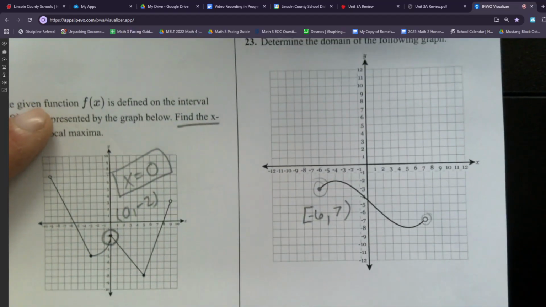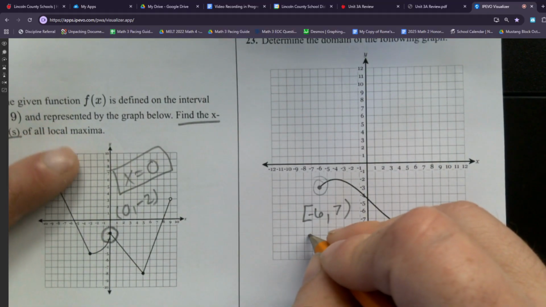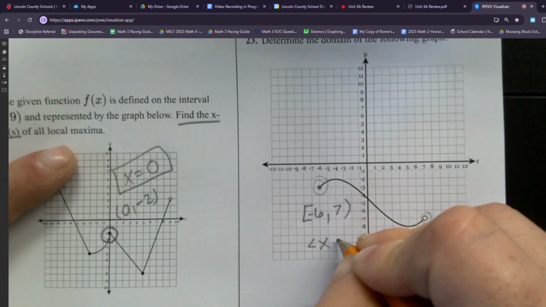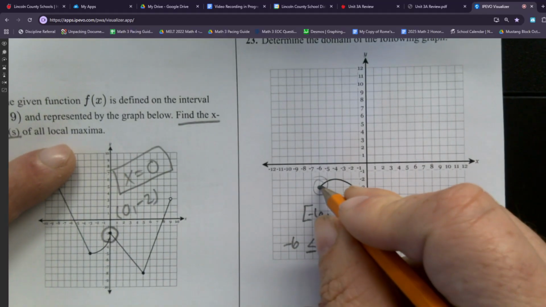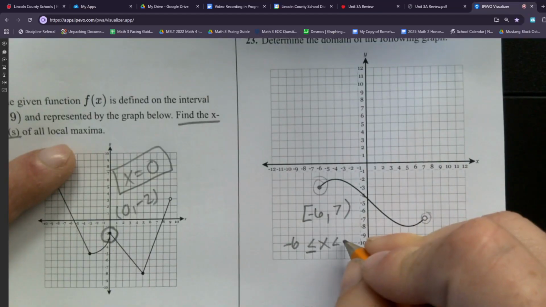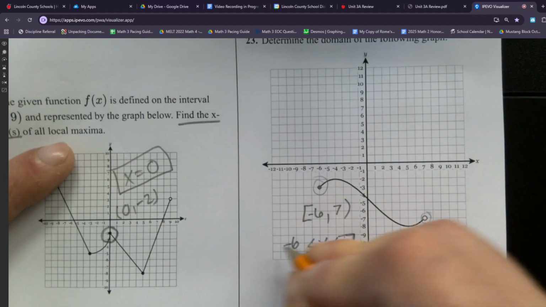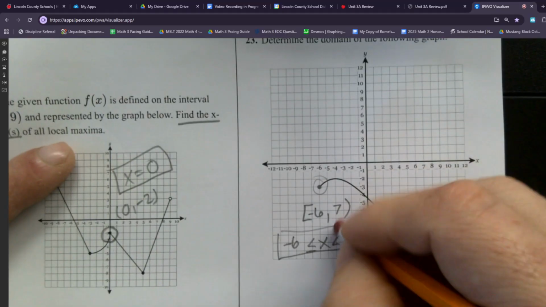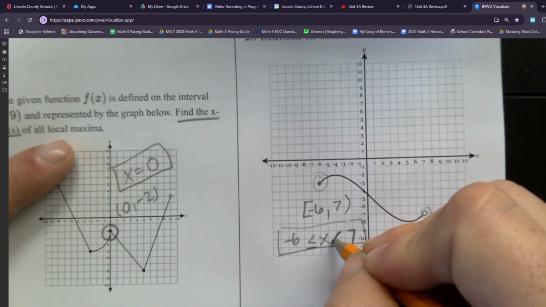So it's going to be a rounded parenthesis. Or you could write it with an inequality: -6 is less than or equal to x, since it's closed, and x is less than 7, not equal to, since it's open. Either one of these would work.